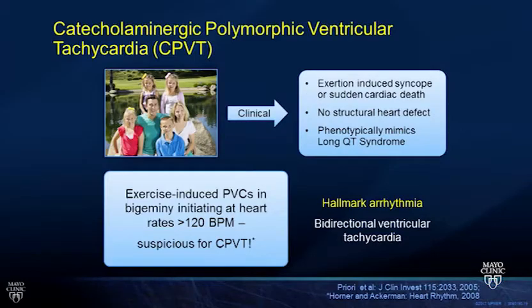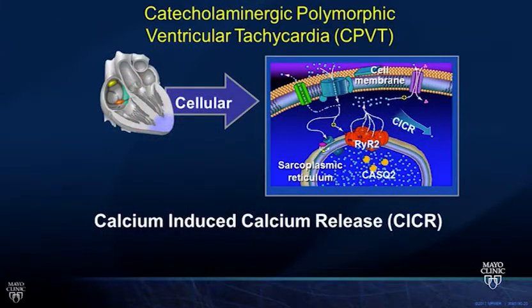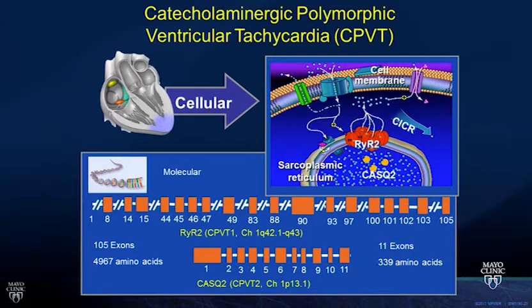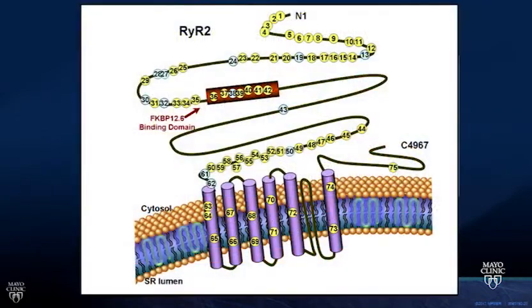Anybody? Digoxin, exactly. And whether it's digoxin or pathogenic CPVT, we're dealing with a problem in calcium-induced calcium release. And for CPVT, it's due about two-thirds of the time to perturbations in the ryanodine receptor, the gene RYR2 that encodes the ryanodine receptor that contains almost 5,000 amino acids.